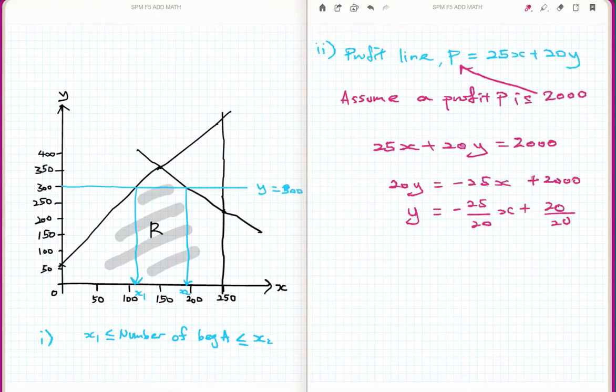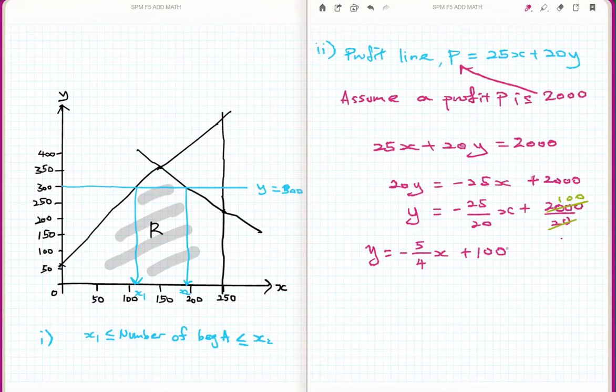So therefore my y will be equal to negative 5 over 4 x plus 100. So I will have a linear line.